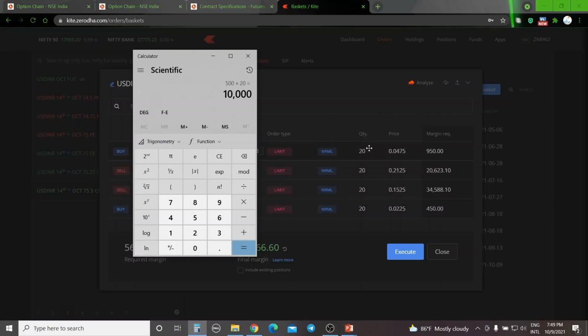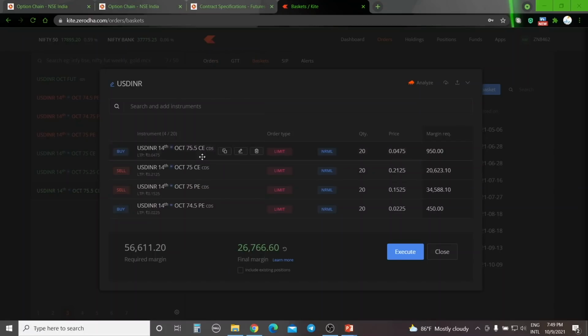Okay. And whatever premium you collected, like 5,000 something, so minus that 5,900 you put. So this is your risk, 4,100 rupees of risk you are having here. Same risk you are having here also. Okay. So when you do the iron fly, here your risk is 4,100 rupees and the gain you are trying to get is about 5,900 rupees.